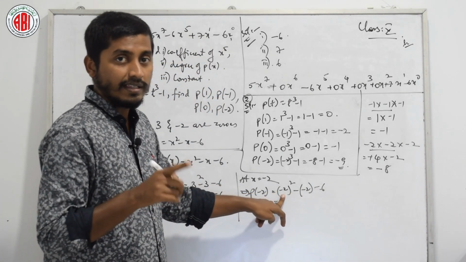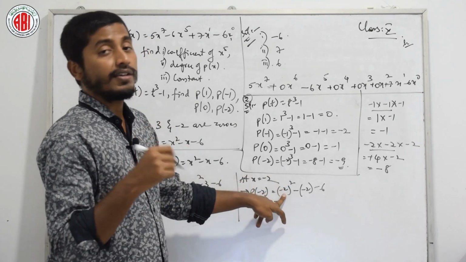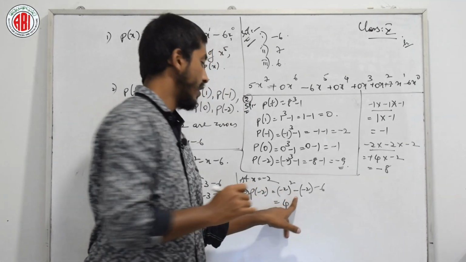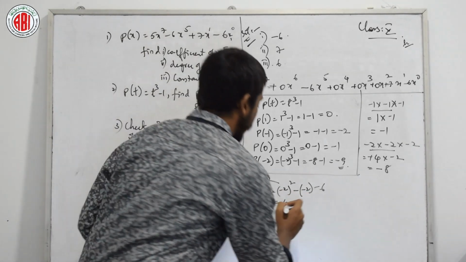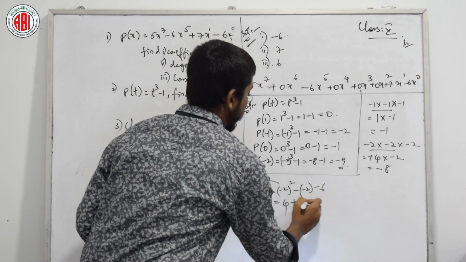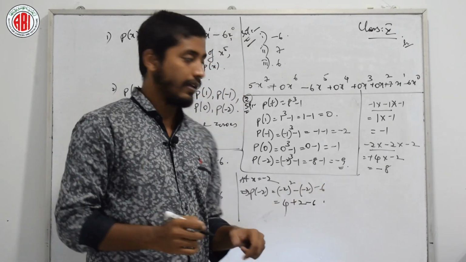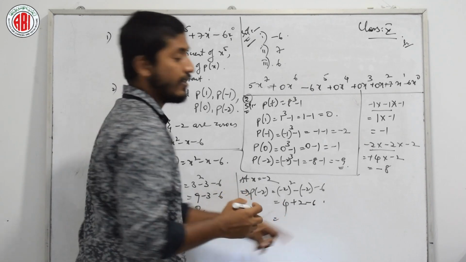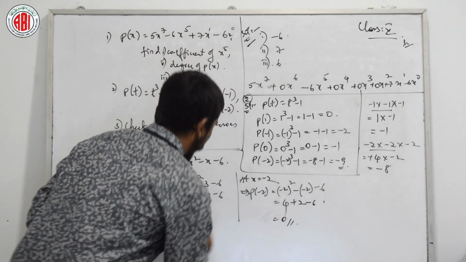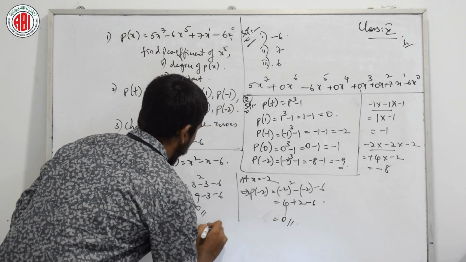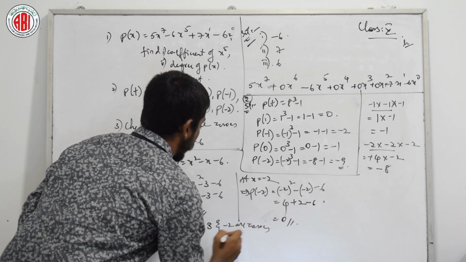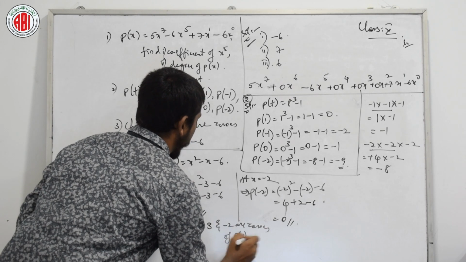We already discussed that the square of a negative number is always positive. 2 square is 4. Here minus into minus, plus 2 minus 6. Is it clear? Here 4 plus 2, 6. 6 minus 6, it is 0. Therefore, we can conclude that 3 and minus 2 are zeros of p of x.